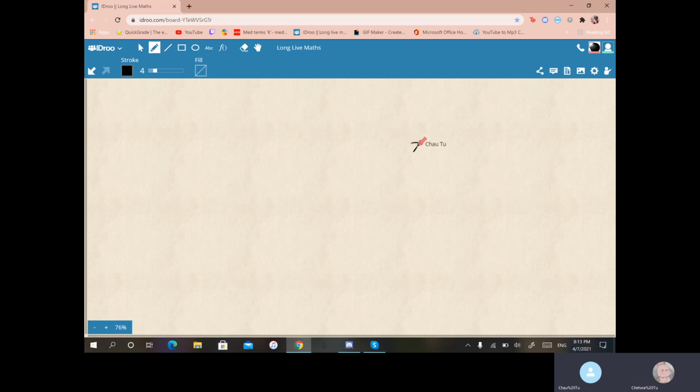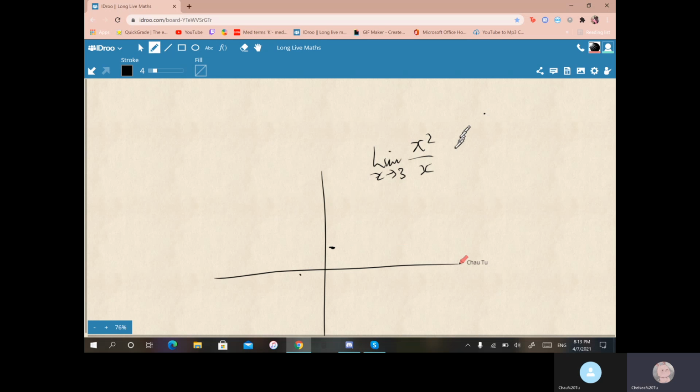Okay, what does this graph look like? Let's say x squared over x. Take the limit as x heads towards, let's say, 3. So what does that graph look like? 2 times 2 is 4.